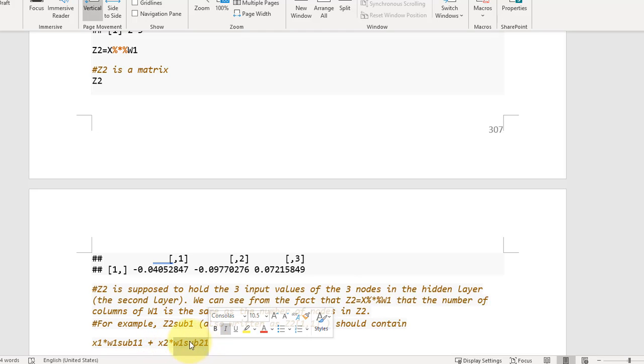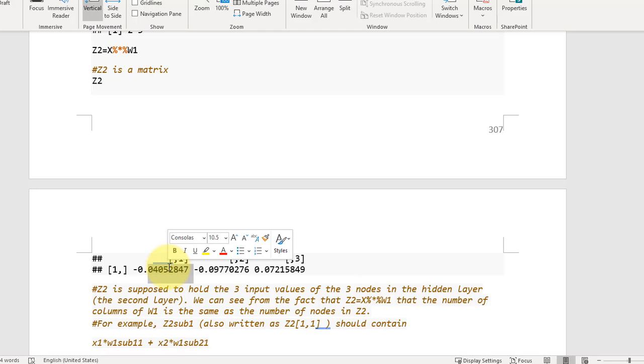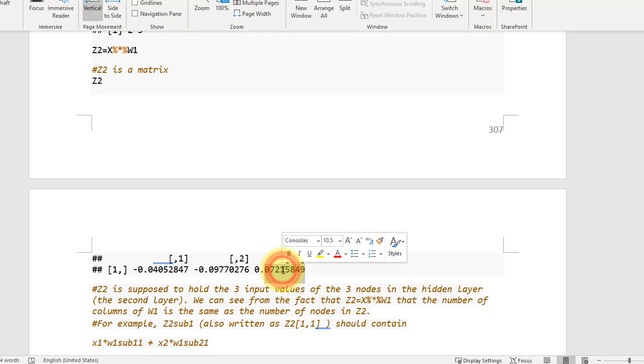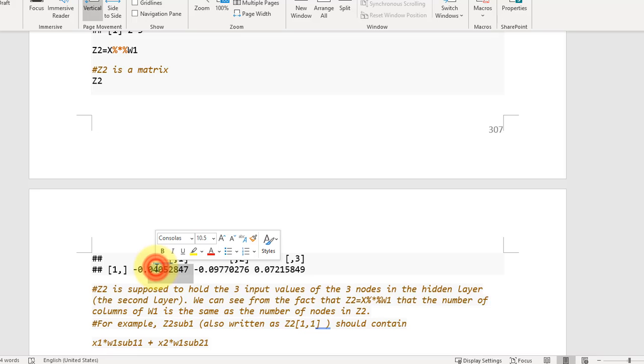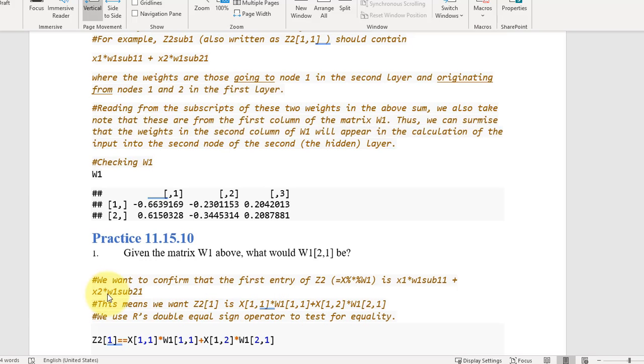So we've done this many times already, and we've covered this concept many times already. So that's what Z2 sub 1 should equal. This is Z2 sub 1. This is Z2 sub 2. This is Z2 sub 3. And of course we know how to get this, and this formula gives us the calculation.